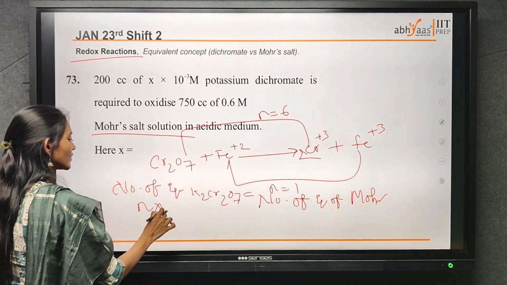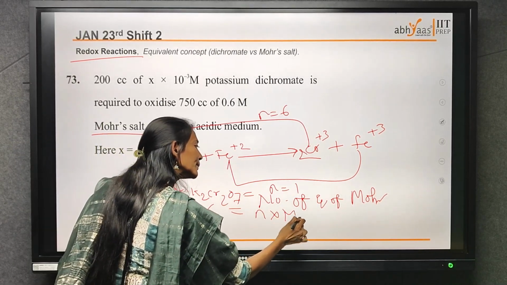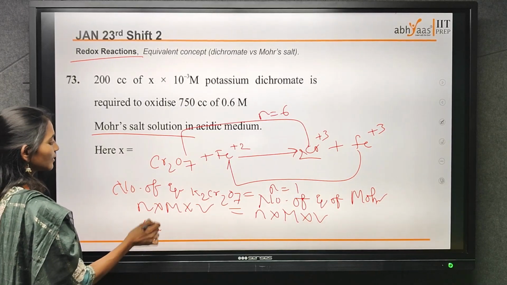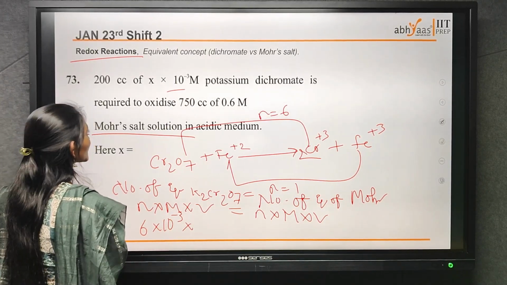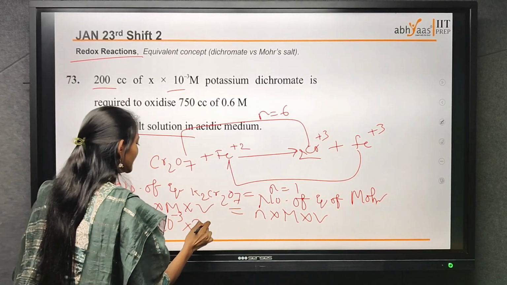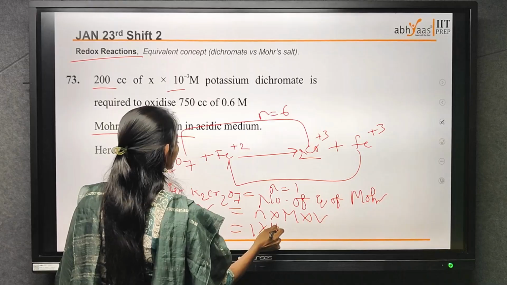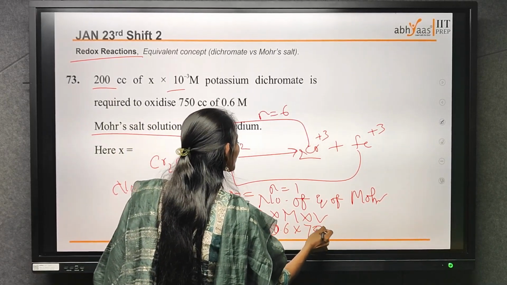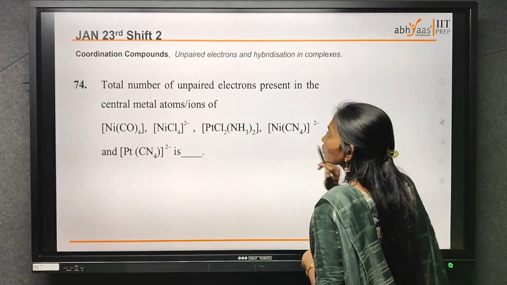So n into M into V is equals to n into M into V. Substitute the values. n we are having 6 and M we are having 10 to the power of minus 3 and volume they have given that 200, and for Mohr salt n we are having 1, into 0.6 we are having and 750. Upon doing this calculation you will get your answer. Okay, moving on to the next question.